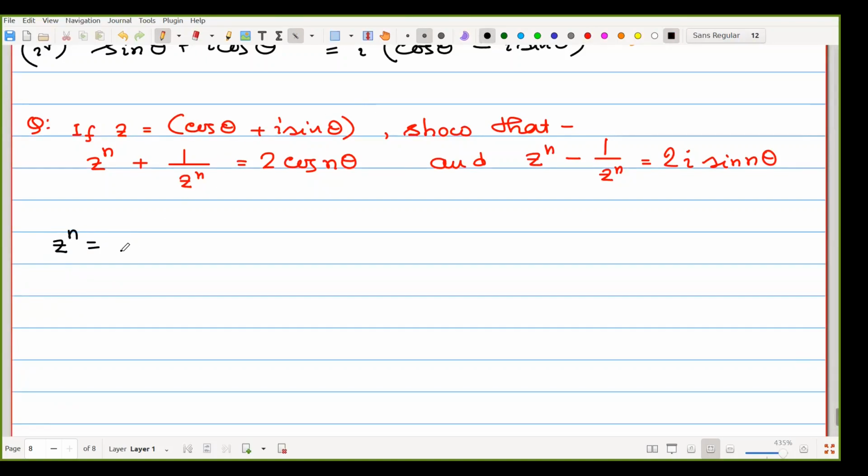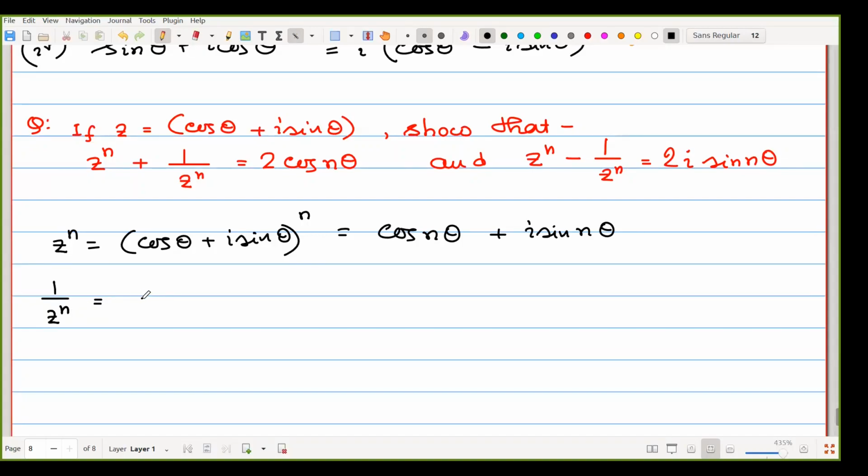Okay, so z to the power n is equal to (cos theta plus i sin theta) whole to the power n, which can be written as cos n theta plus i sin n theta. Very good. Then 1 by z to the power n can be written as z to the power minus n, that means (cos theta plus i sin theta) whole to the power minus n.